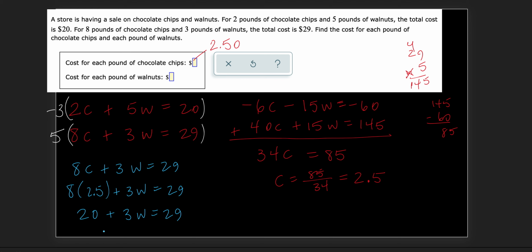So now I need to subtract 20 from both sides to make that appear over here so I can combine that with like terms. So I'm just going to do that this way. See, I subtracted 20 from both sides. That means 3W equals 9, and W would be 3 there. So this is $3.